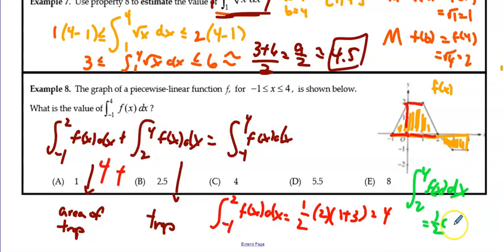We're going in the negative direction, so our height's going to be this way. So it's going to be -1. And then our base is going to be 1 plus our base is going to be 1, 2. And so we're left with 2 plus 1 is 3. 3 times -1 is -3, -3/2. So this is going to be equal to -3/2.